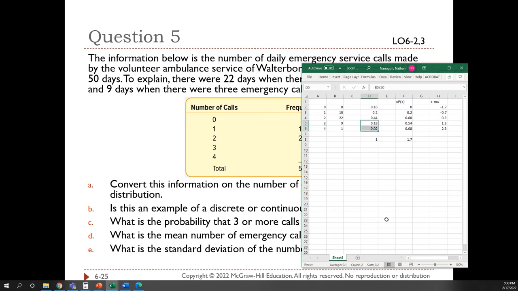We're going to add these two together, which will be 0.2. Basically, 0.18 plus 0.02 is 0.2. Okay. Again, if you want to see that plus this, and that'll be the probability of 3 or more.